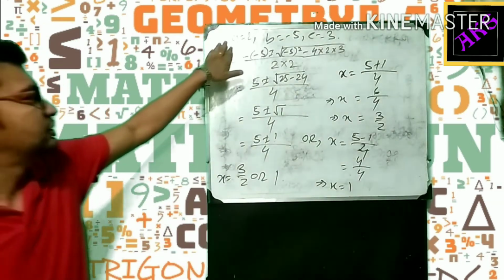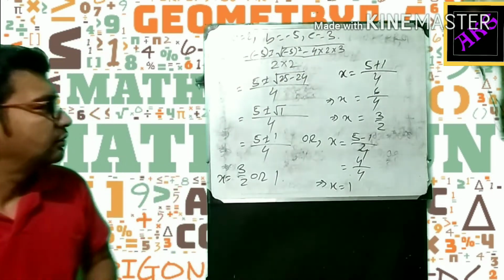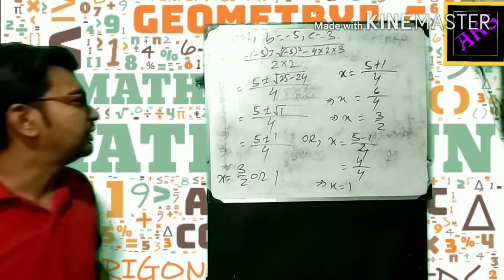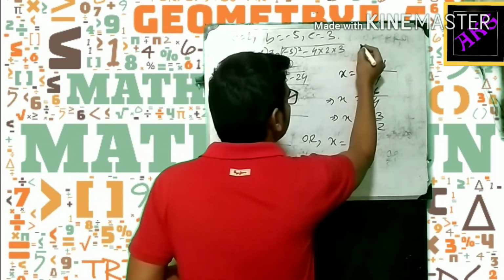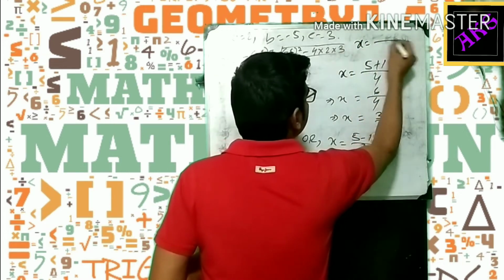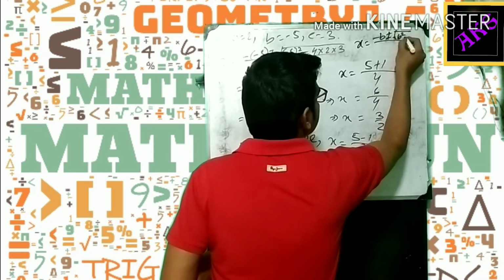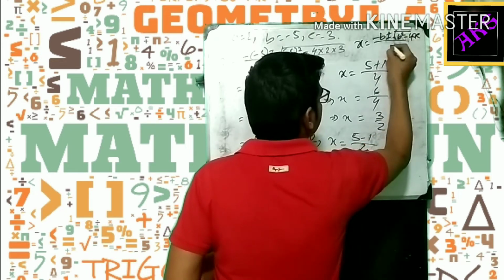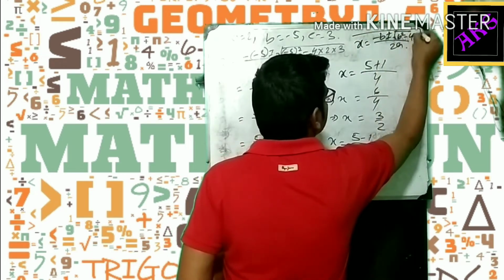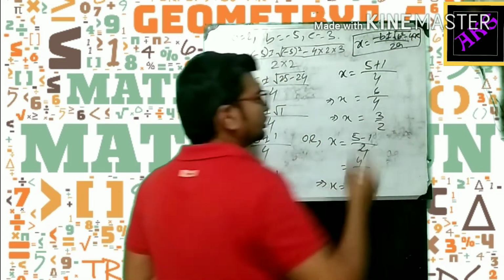So we will get the values of a, b and c. Then we just have to put the values of a, b, c in the formula. What is the formula? X equals minus b plus minus root over b square minus 4ac by 2a.